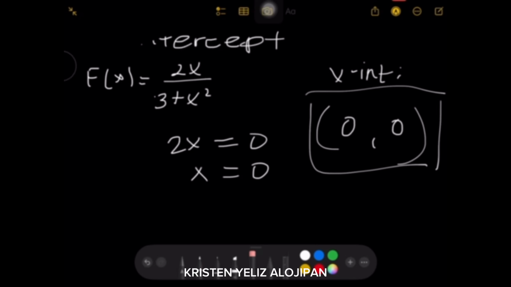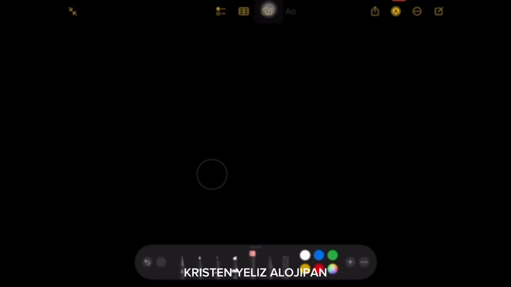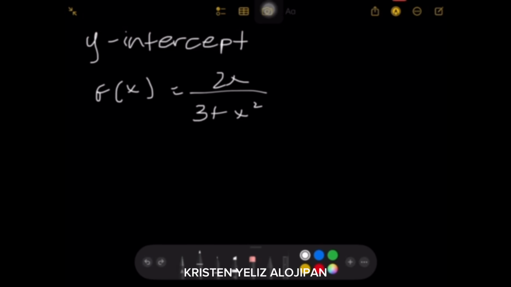And obviously if we have an x-intercept, we also have a y-intercept. For our y-intercept, all we have to do is let x equal 0.